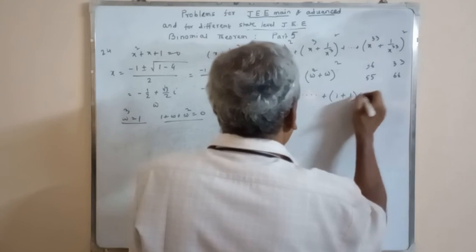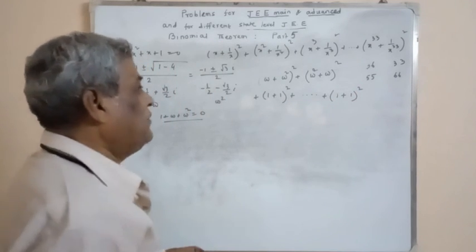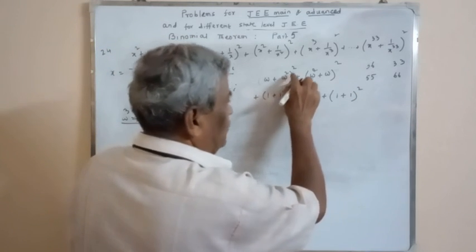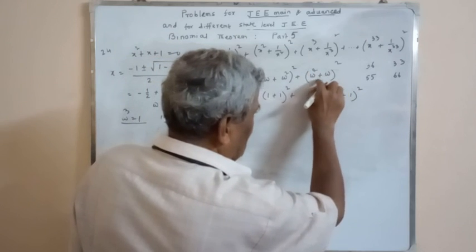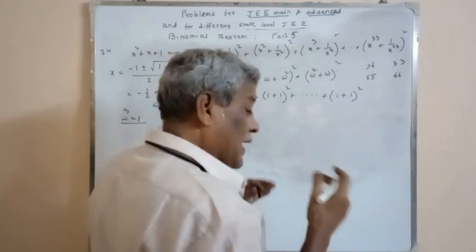This is also 1 to the power 2. So the value is minus 1 to the power 2, again minus 1 to the power 2, and this is 2 to the power 2.